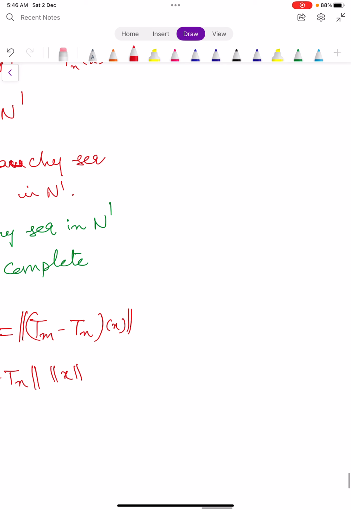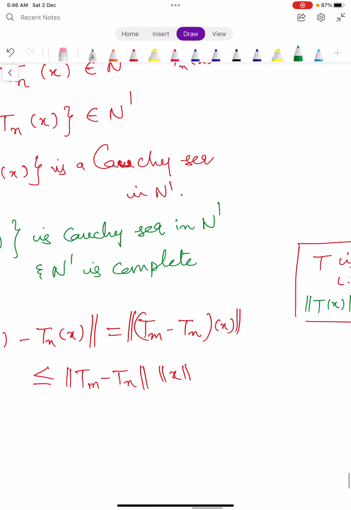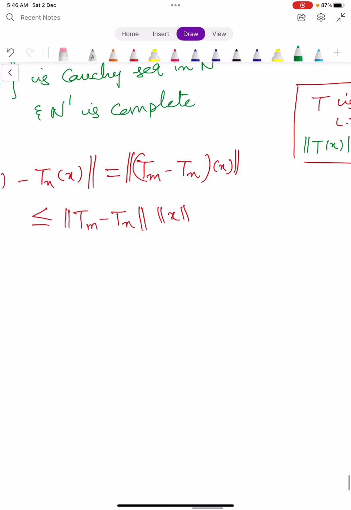We use this property because in the previous class we learned that whenever T is a continuous linear transformation, it satisfies one condition: norm T of x is less than or equal to norm T into norm x. We learned the same property in class number 9. Please remember that.